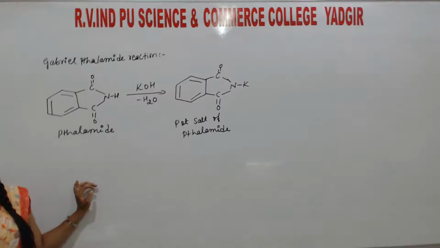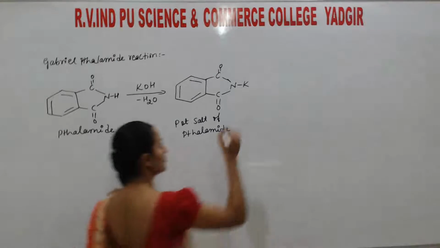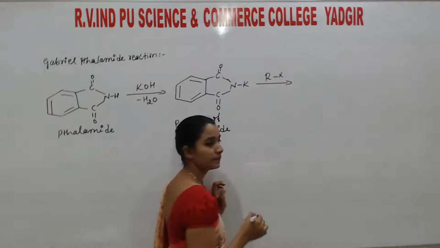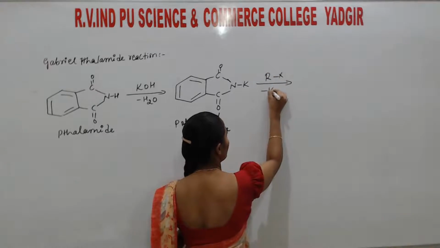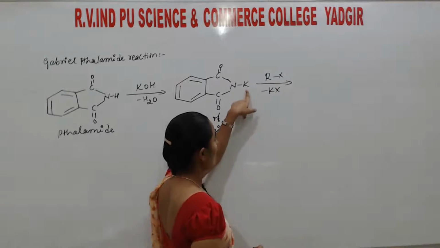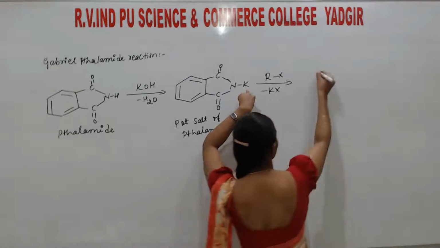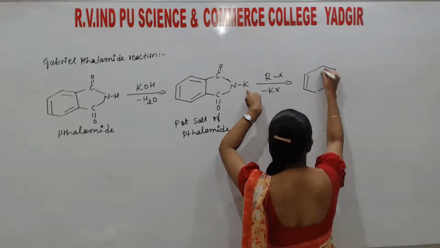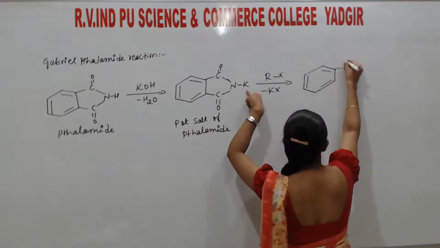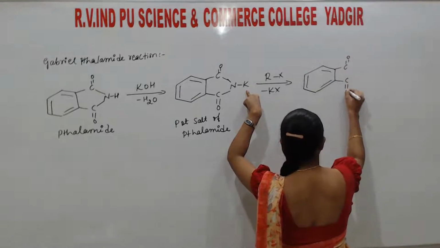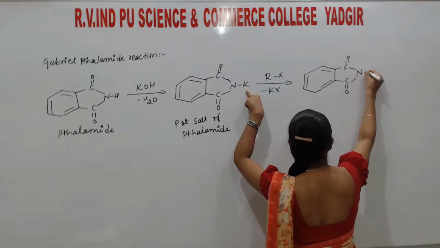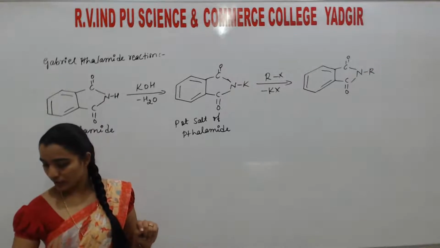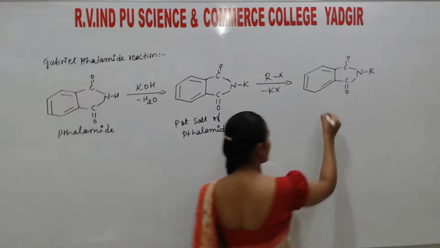Potassium salt of phthalimide. Students, here this is treated with an RX compound, that means alkyl halide. Then KX is given, and here R is attached: C double bond O, C double bond O, N, R. Again it is treated with what?